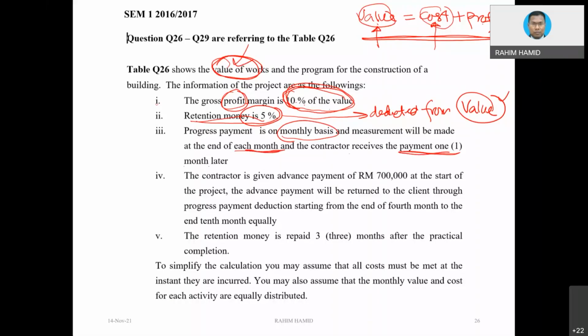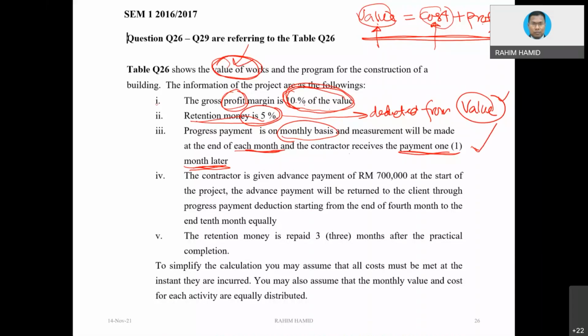So meaning the first month, the contractor is going to do the work. Then at the end of the month, he is going to submit the claim. Then only at the end of the second month, he will get the first payment. So you must put the first payment in the second month. That is what the statement is all about.